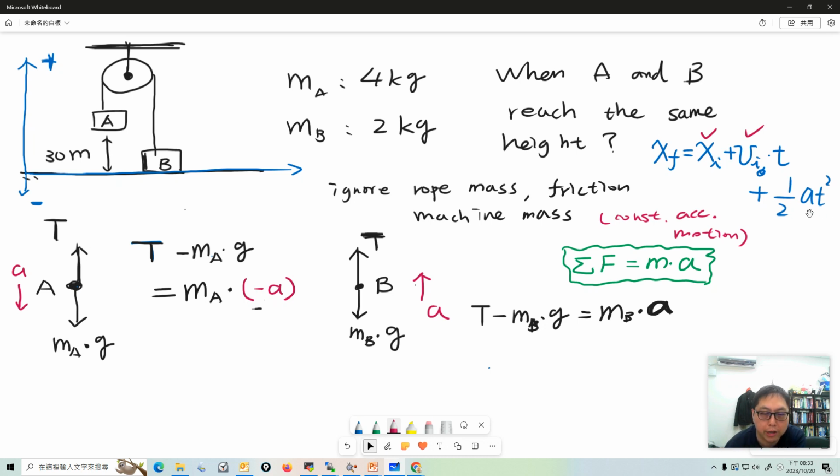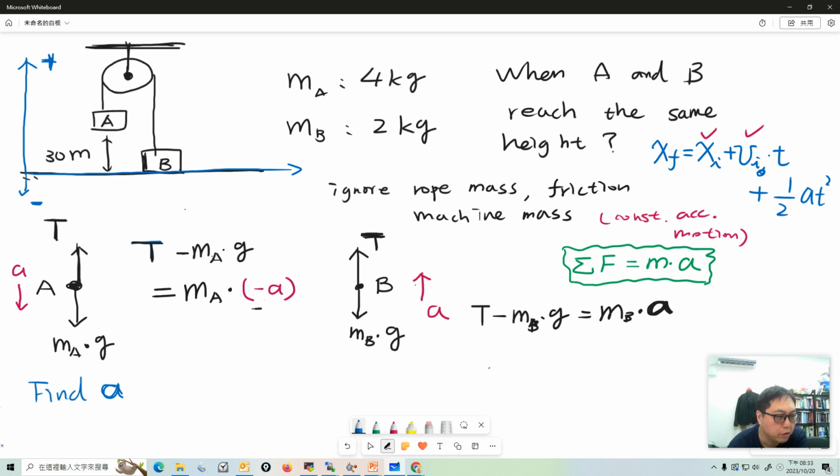So where can we get the acceleration? We can get it from these two equations, right? If we substitute T from this one, let's try to find a. Find acceleration. I think if we find acceleration, this problem is almost solved.